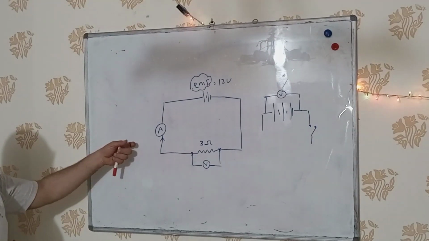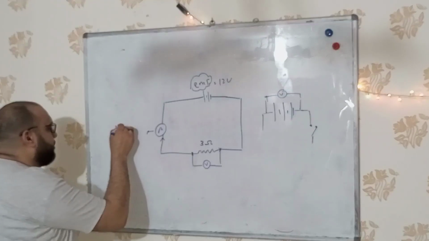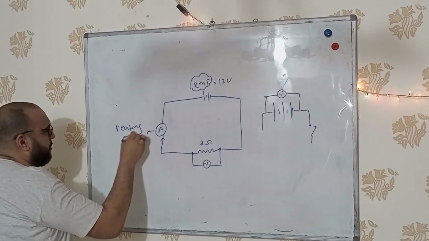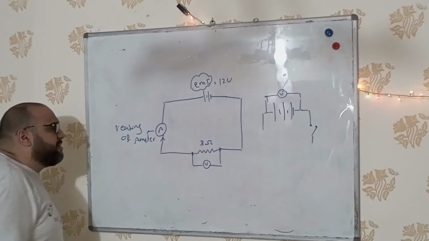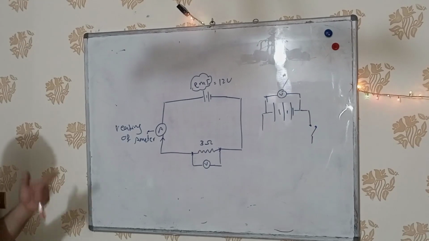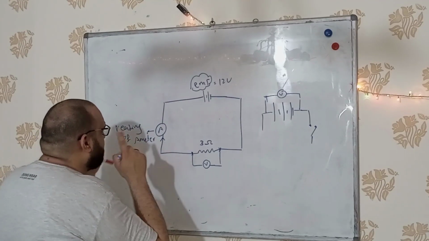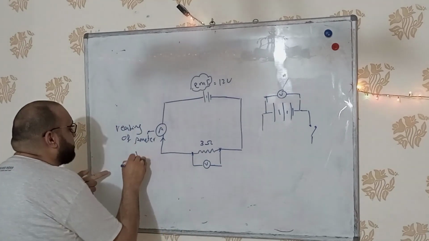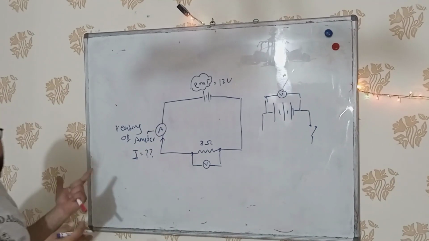In this problem, I'm going to ask about the reading of the ammeter. The ammeter is a tool used to measure the current intensity, so simply I'm asking you about the current intensity.